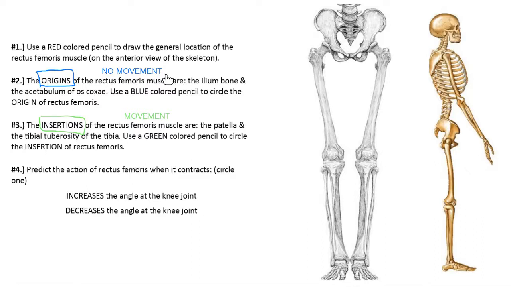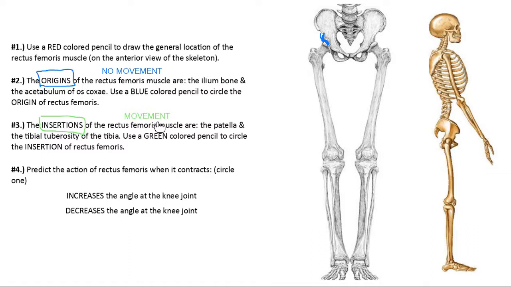The hip bones is a group called os coxae. So I've got an attachment site that's here inside the acetabulum, and we're attached to the ilium as well. So I'm going to draw my little blue patch up here. Here's my non-moving attachment site for rectus femoris.